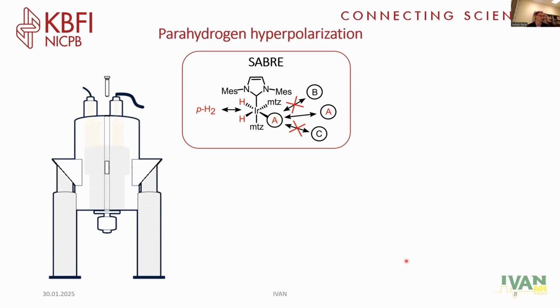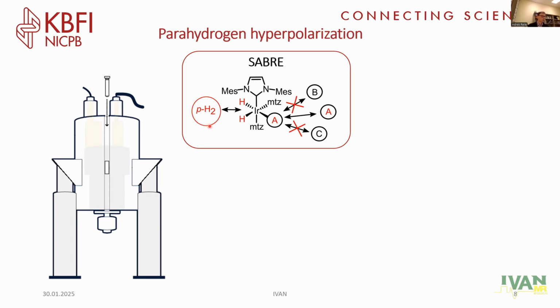All right. What we do is derived from the SABRE experiment that was originally published in 2009 by Simon Duckett, which is a method where you put that very same catalyst into a mixture. You introduce parahydrogen, you shake the sample outside of the superconducting magnet in low field, and then you drop the sample in the magnet.